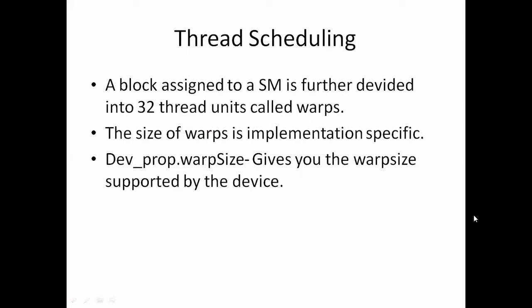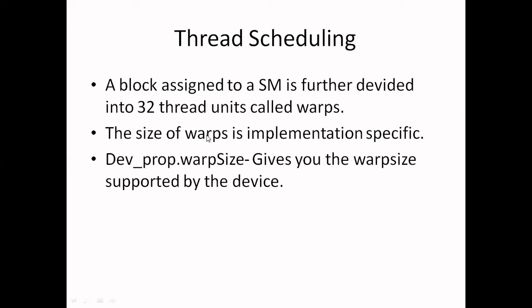No problem. So for now, we can understand that one block has several threads, and we have to divide this block into warps. One warp has 32 threads. So we are dividing a block into groups of 32 threads, and we are calling this group a warp.